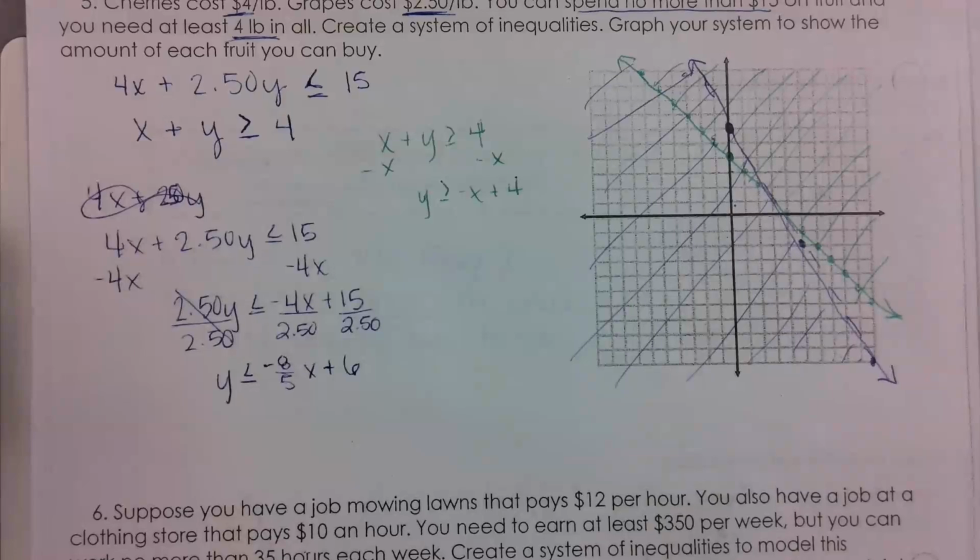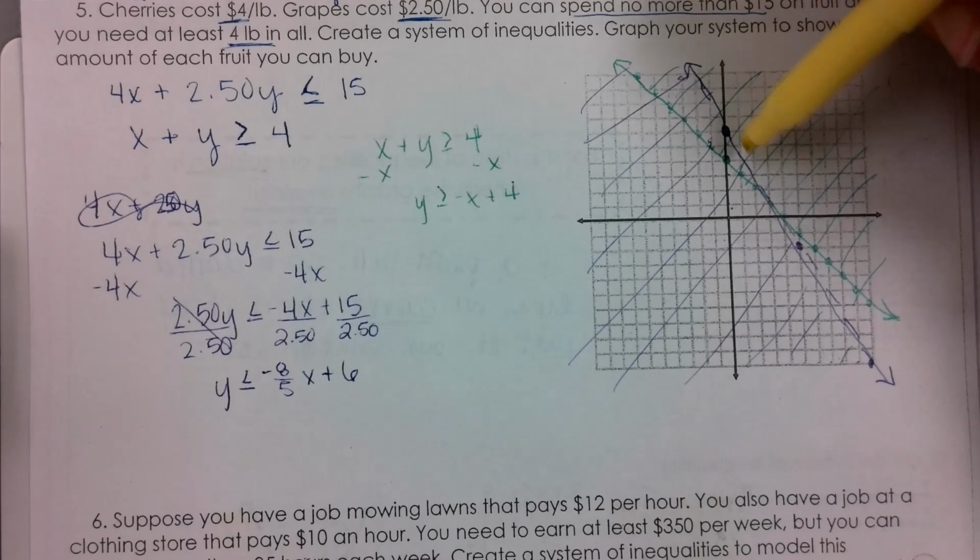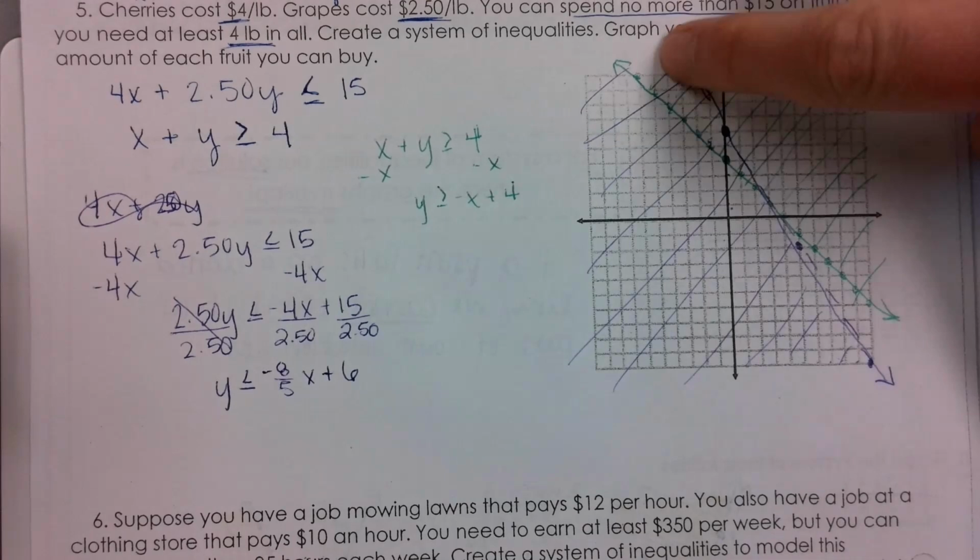So where is our solution set going to be? Where are the two colors? Where they meet, where they overlap. You have to look really close. It's this tiny section in here. Right in this area where they overlap, we've got both colors going on.